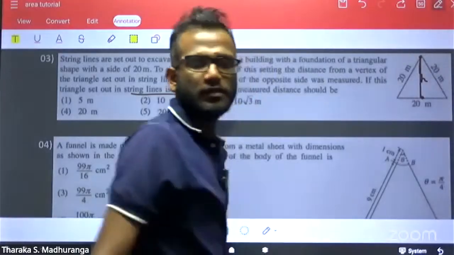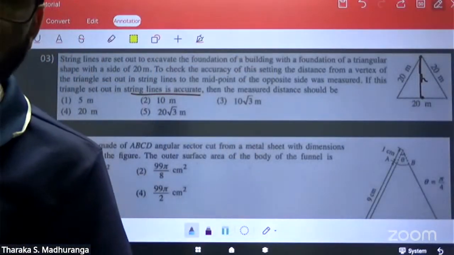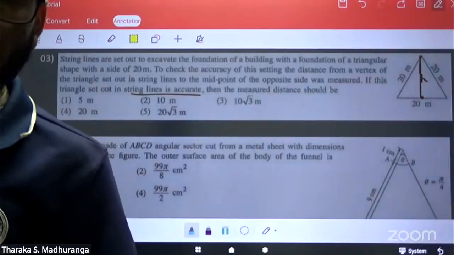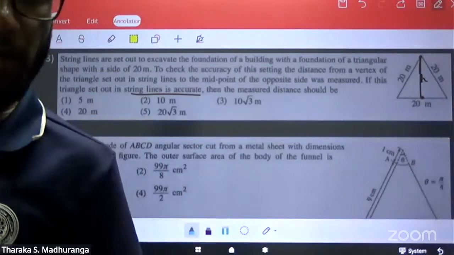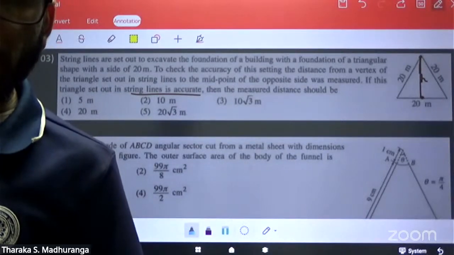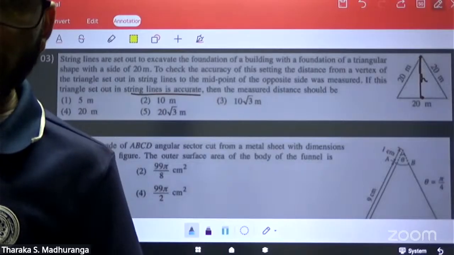But the question is the perpendicular H. Salmi, it is not 10. Try again. Yes, option 3, good. Sandeep correct.